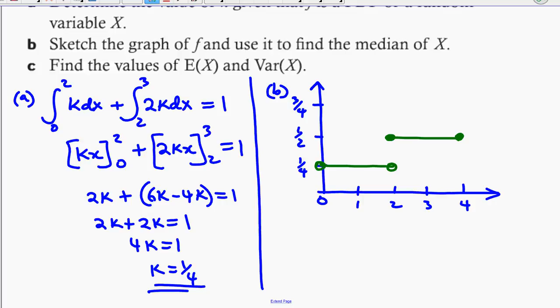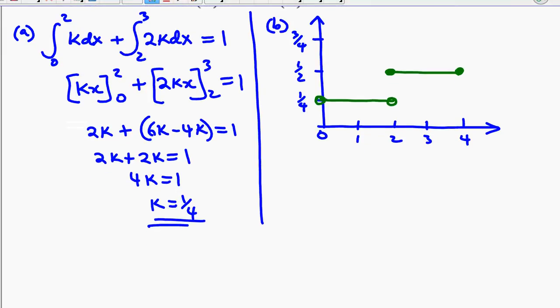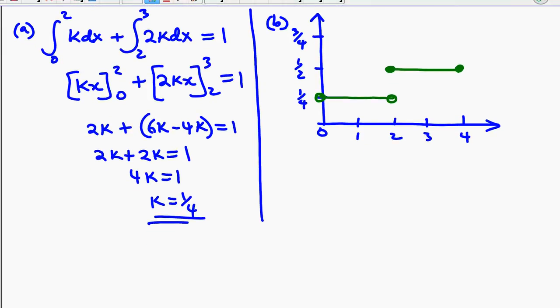So basically what we need to do is find the median. To find the median, we know that we have to integrate. So for the median, the area under the curve has to be equal to a half.